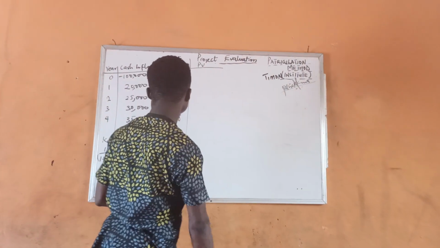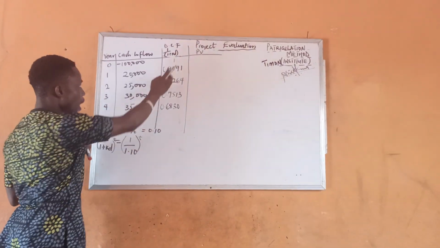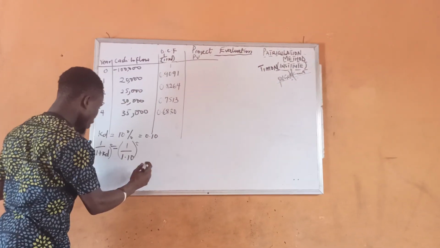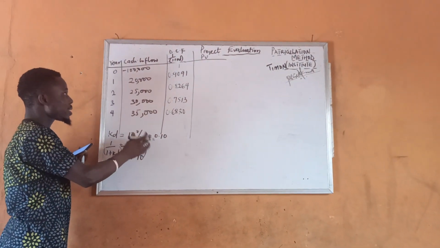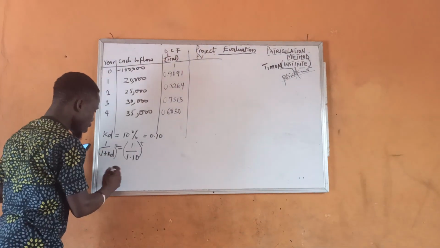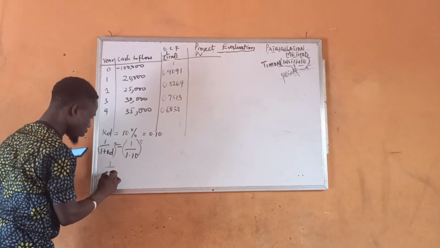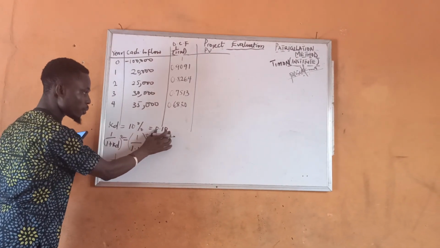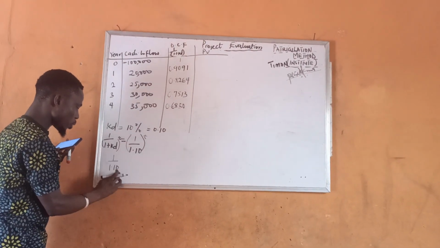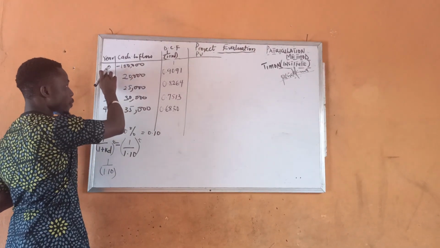Okay, now the discounting factor here, this is what I did. Like I said, it varies based on the time period, that is the year. So for the first year, what I did was 1 over 1.10, because when 1 is added to the KD of 10%, it becomes 1.10. Raised to power, the number of years here is 0.